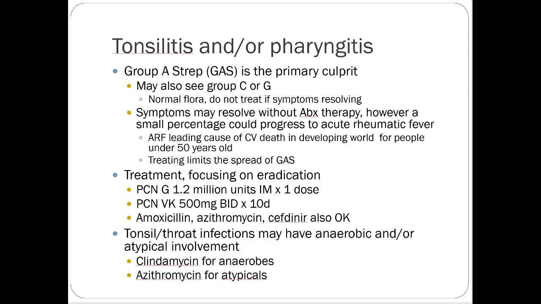But technically, if you don't treat it, group A strep does produce a toxin that you could have an immunologic response to in a small amount of patients, which is kind of like an anaphylactic type response. So the idea is we prevent that from happening, but the better idea is we prevent the spread of group A strep to other kids or adults or whoever, which is the better way to look at treating this.